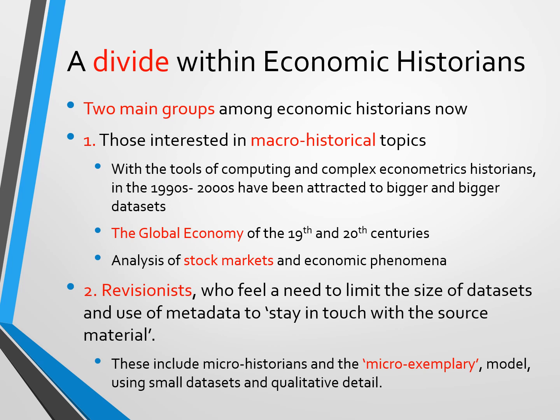We have two groups among economic historians now, because even after social historians and sociologists begin to move away from complex quantitative methods and metadata, economic historians push forward into the 90s and the early 2000s, when the types of analysis that people are using become so complex that we begin to see a divide even among economic historians.